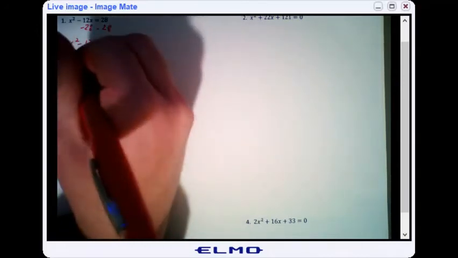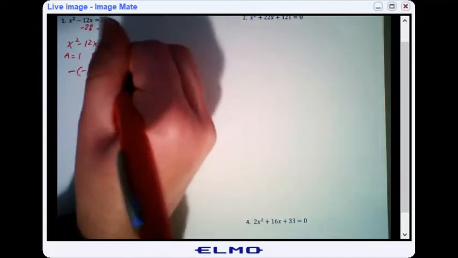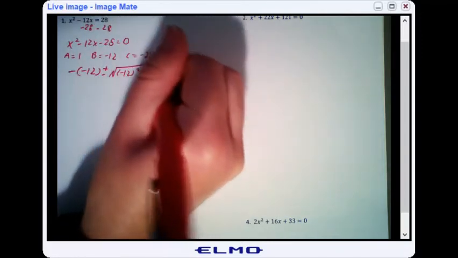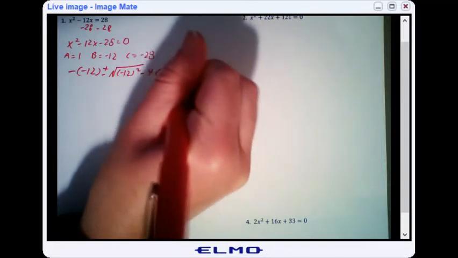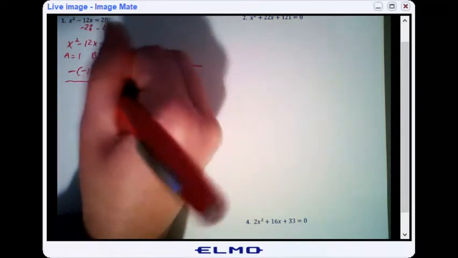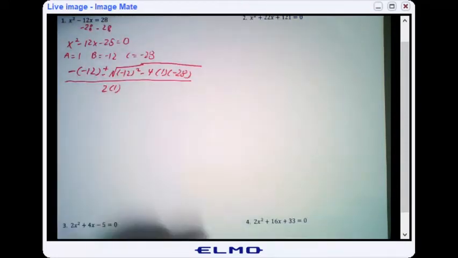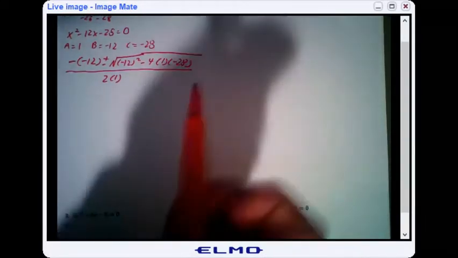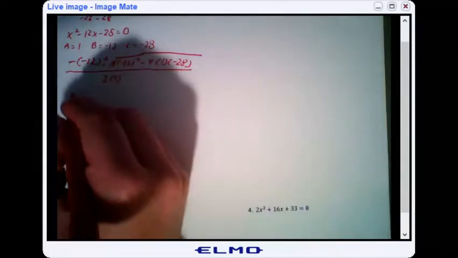So I'm going to have negative 12 plus or minus square root b squared, so negative 12 squared minus 4ac, all over 2a. Negative is positive.